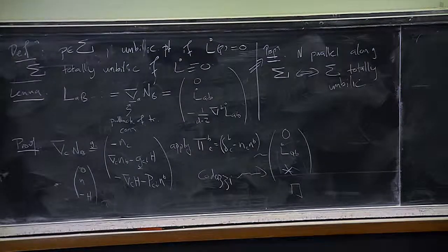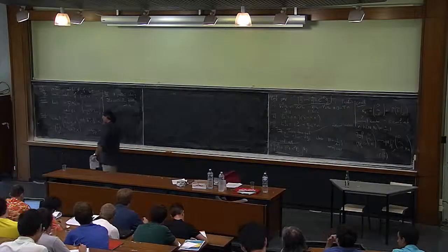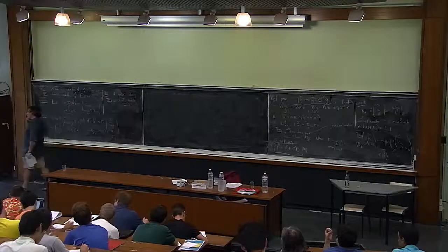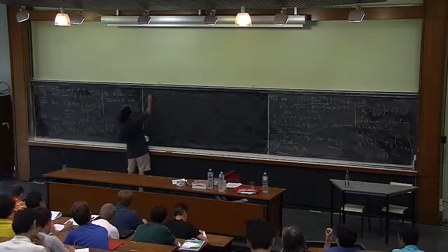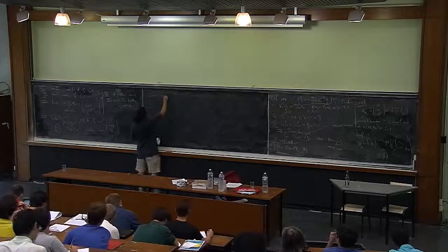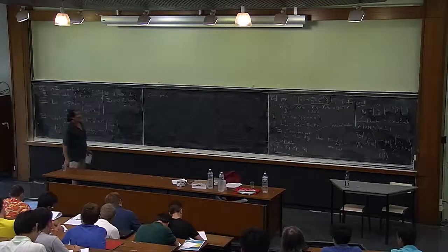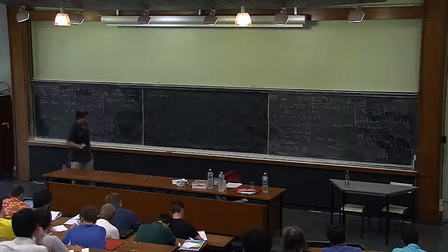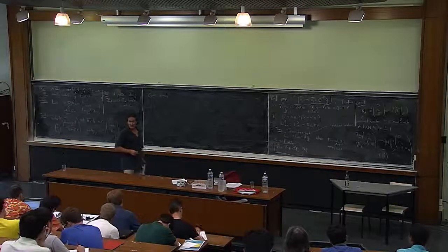Okay, so the next sort of fundamental thing when you're doing pseudo-Riemannian geometry, the geometry of hypersurfaces in pseudo-Riemannian geometry, is the Gauss formula. So the Gauss formula relates the ambient Levi-Civita connection to the induced Levi-Civita connection.